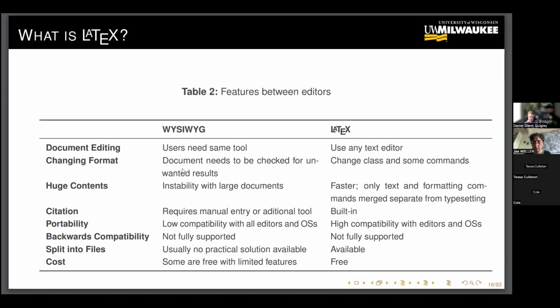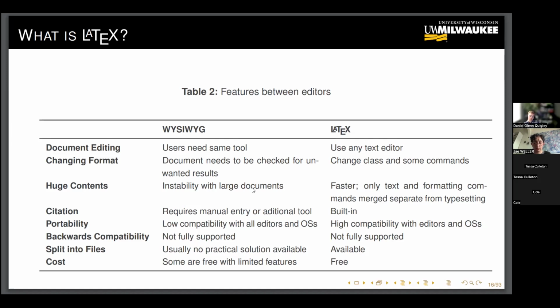If I'm going to change format, what you see is what you get, the document needs to be checked for unwanted results. So if I change the size of an image, or I change the numbering of examples, I may have to do that manually. In LaTeX, I can just change the class of what I'm working with. Say if I want to move from a presentation to an article, I can do so just by changing a command.